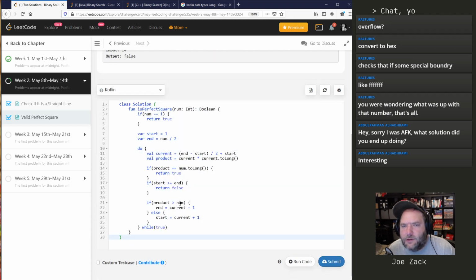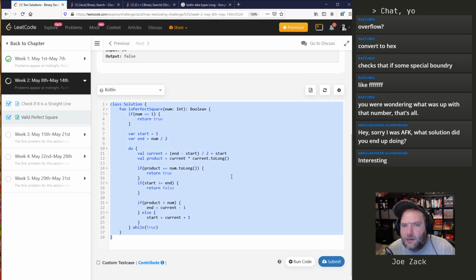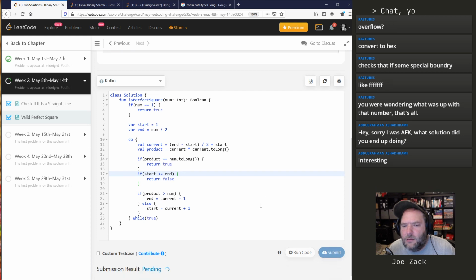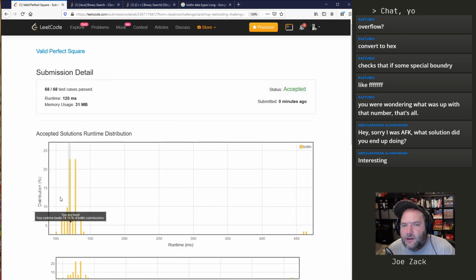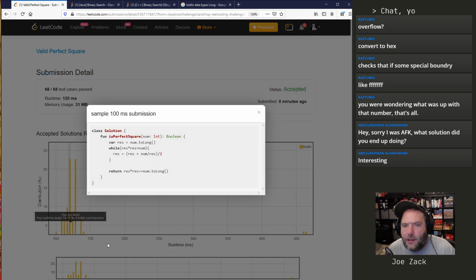But I'll show you what the best answer looked like in Kotlin. It looks pretty funky, so I didn't understand what the best answer was. So wow, just getting rid of that one check or just getting lucky on the running bumped me up quite a bit. But this is the best running answer, which I do not understand.